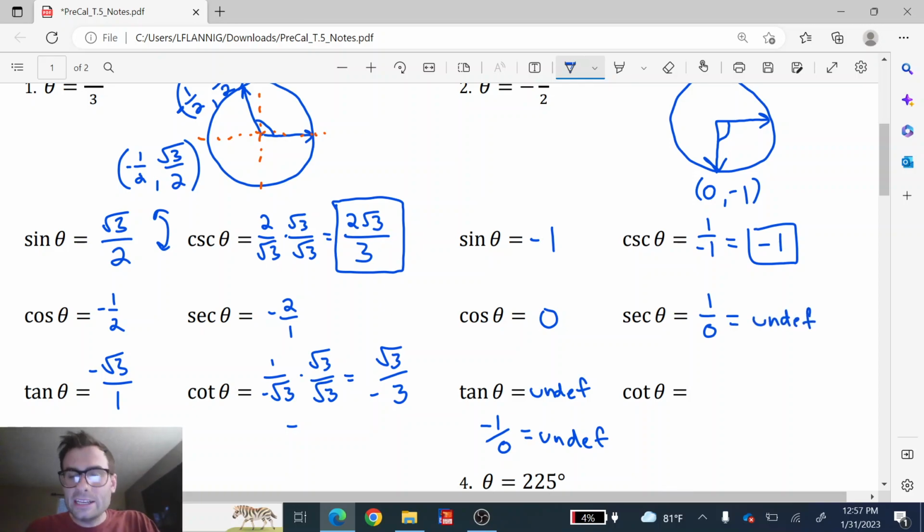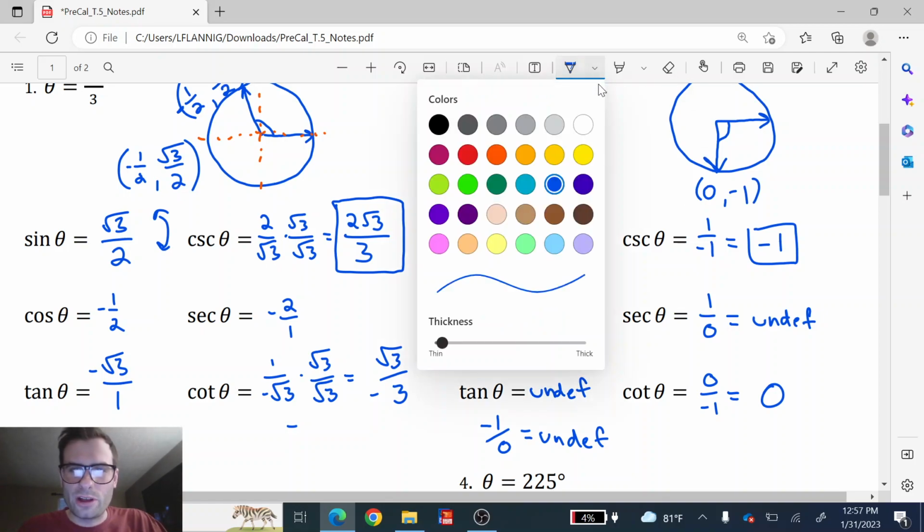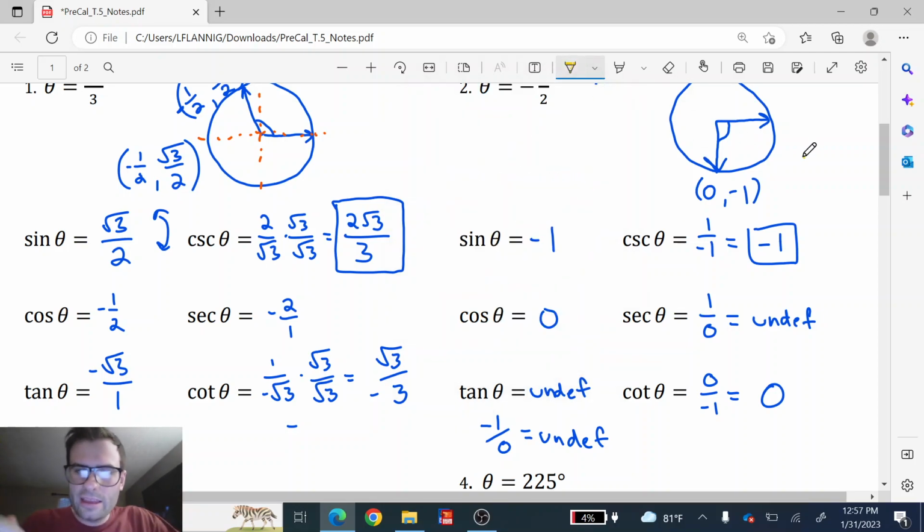But if we flip the tangent, negative 1 over 0, it's 0 over negative 1, which ends up being 0. Again, to find cosecant, secant, and cotangent, we're just flipping. And if you remember from some basic math, all numbers basically have a 1 in the denominator if no other thing is in the denominator. And that's why we can flip them and put the 1 on the top.